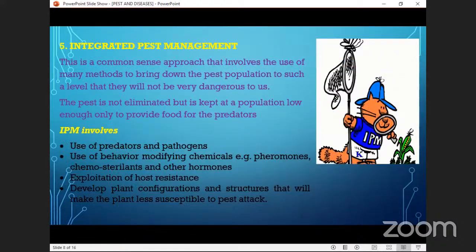So here we have another method. Method number 5. Method number 1 we had. Who can recall what we covered in the previous sessions in management of pests? Apart from chemical method and biological method, which other methods do you know that control pests?